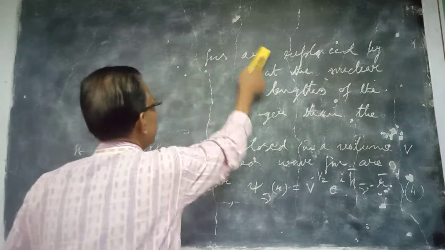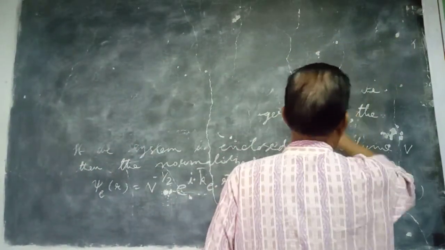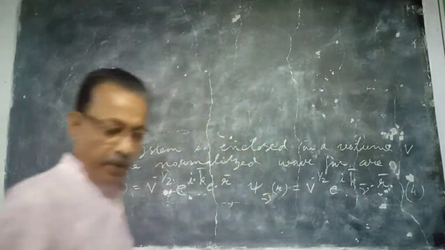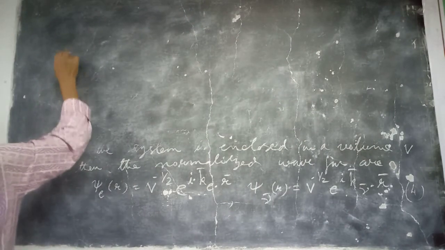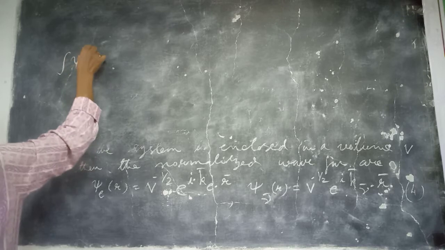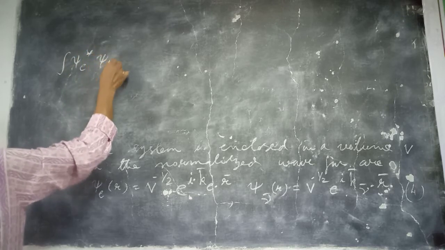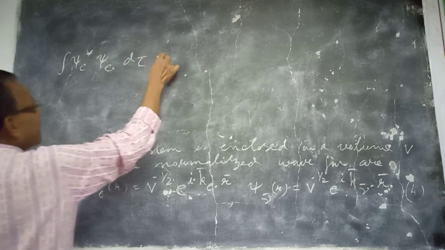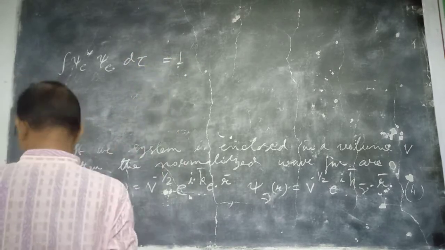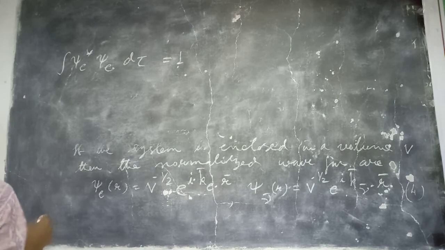The normalization constant N, as is well known, is found from the condition that the integral of psi_e star psi_e d tau equals unity.